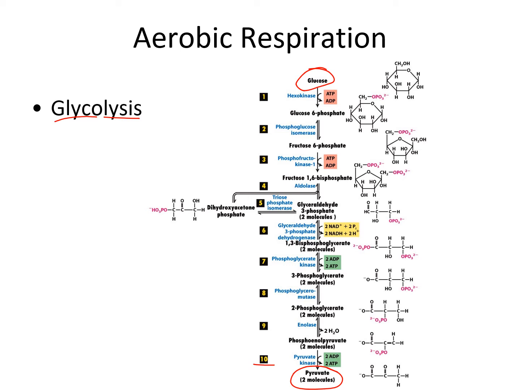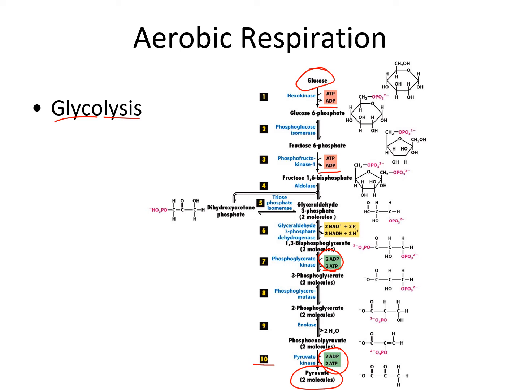And with this, you don't have to know the individual steps, but you should know that in order to split the glucose, it involves an input of ATP, 2 ATP molecules. And once it is split, it will generate 4 ATP molecules. But then that's only a net gain of 2 because it cost you 2 initially.